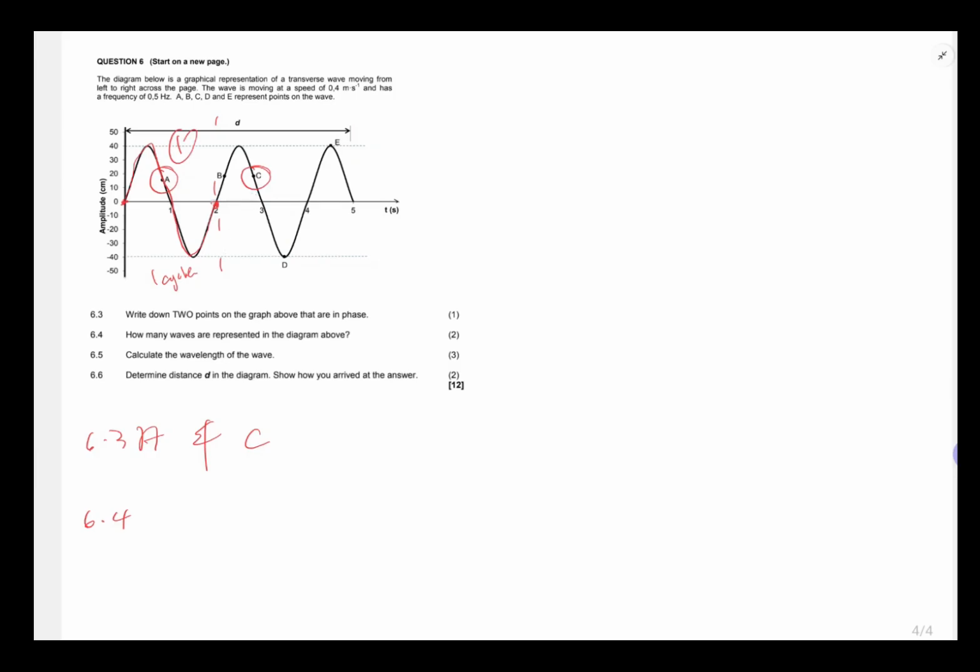Then again it goes from maximum to minimum and completes that. That's 2. Then from here we can see that it ends somewhere, which is half of a wave. It's supposed to go on, but here it's 1, 2, and half a wave. So this is 2.5 waves.